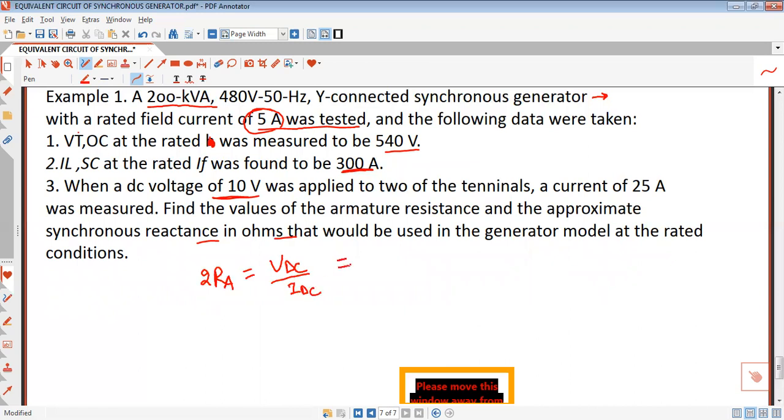VDC is 10 volt and IDC is 25 ampere. So RA equals 10 divided by 50, which is 0.2 ohm. So this armature resistance is now known.